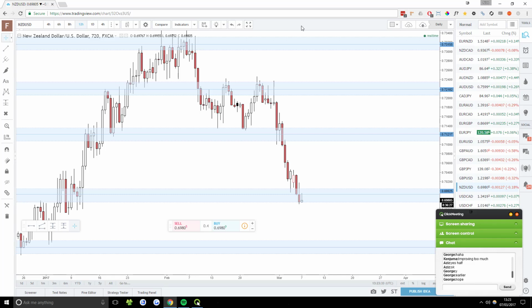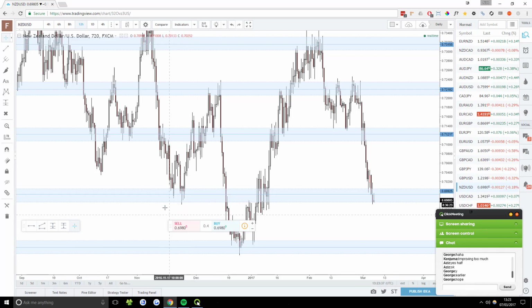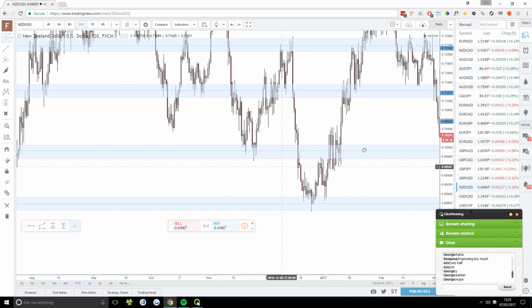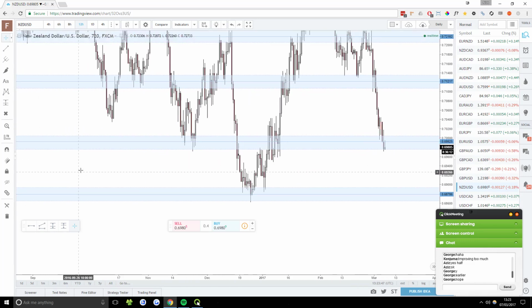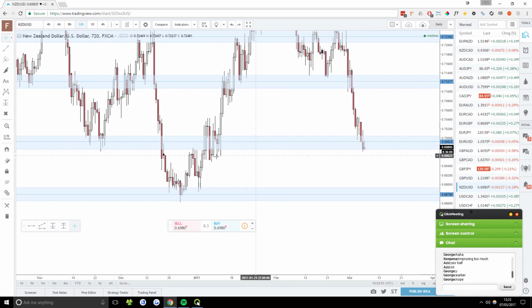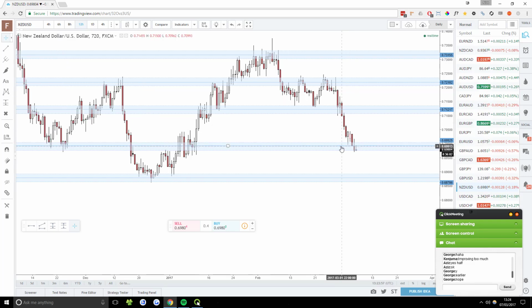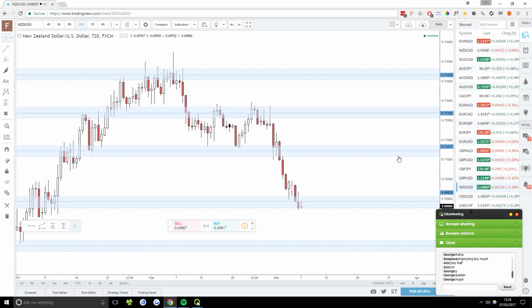But that being said, it is on a strong support area, a support area that has a lot of history, like all those bounces there. From mid 2016 onwards, it's had 5 extremely strong bounces from this area. So I'm definitely interested in potentially taking a long trade here, a long reversal trade.